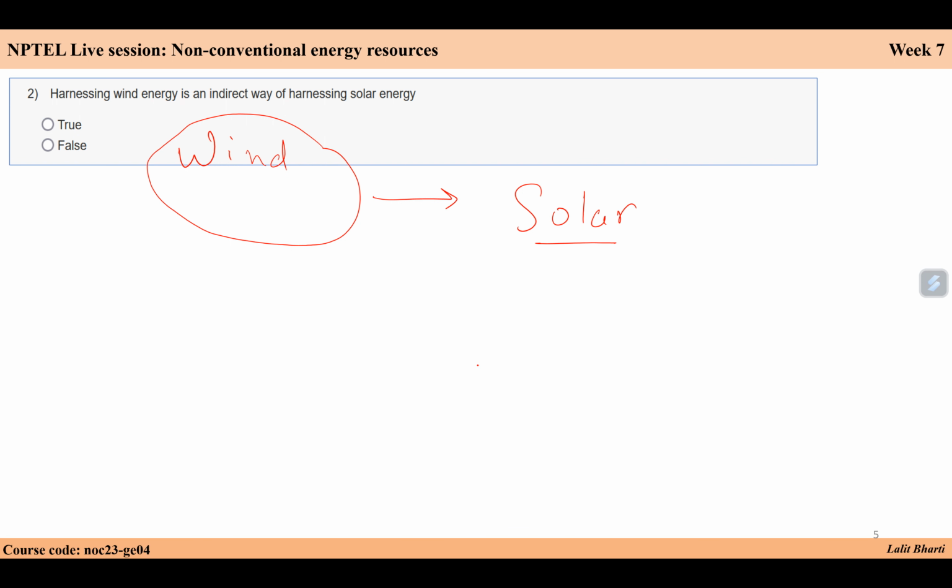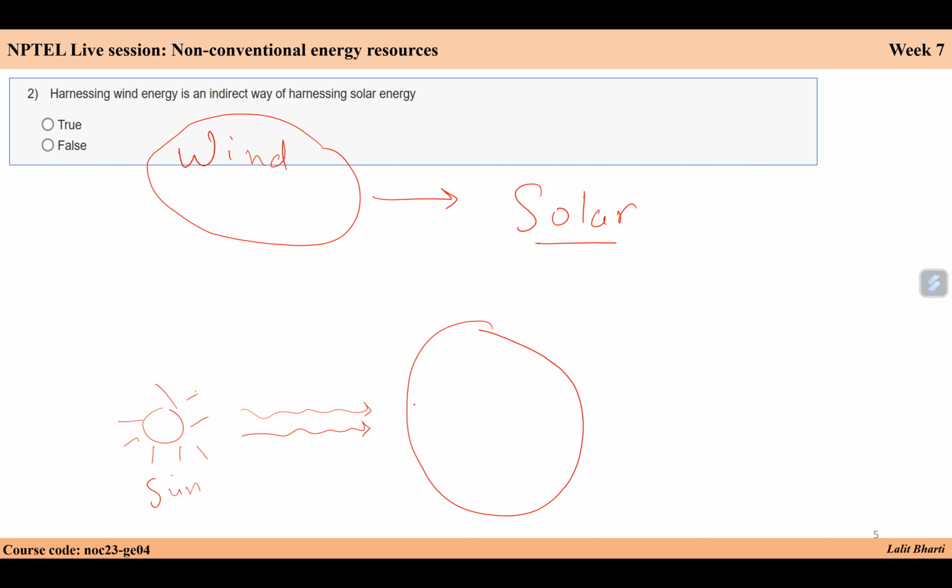If we have earth here and let's say sun here, and these are the rays.